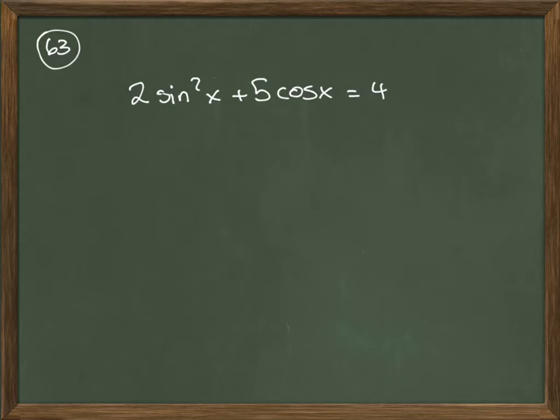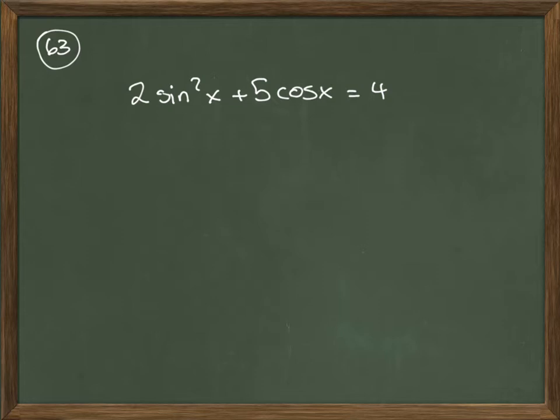So how do I make them the same? They either all have to be sine or they all have to be cosine. You can't mix and match here.